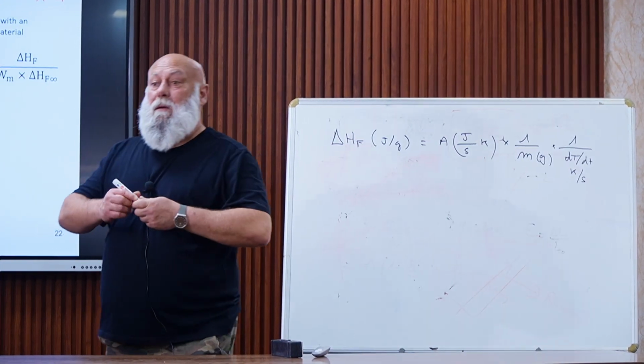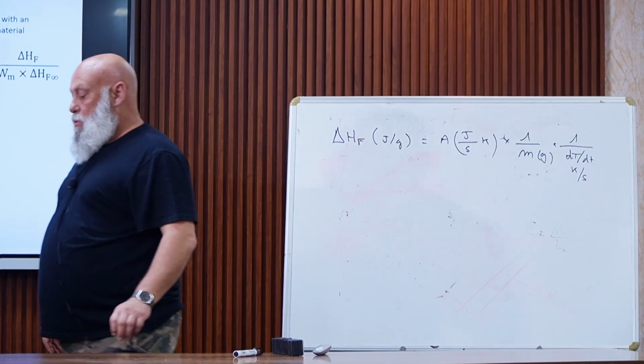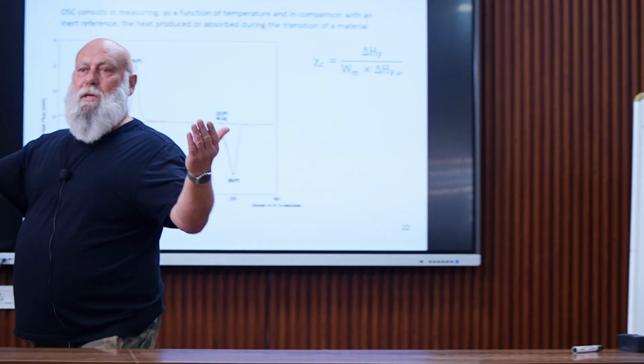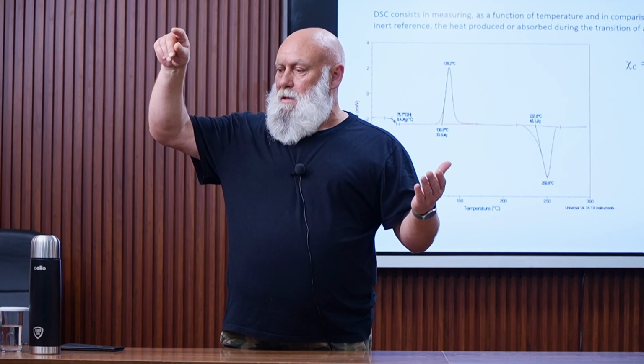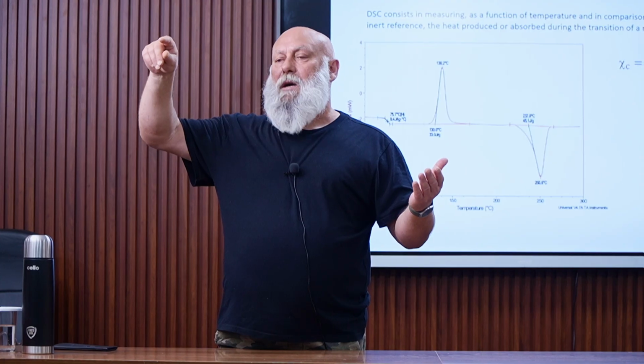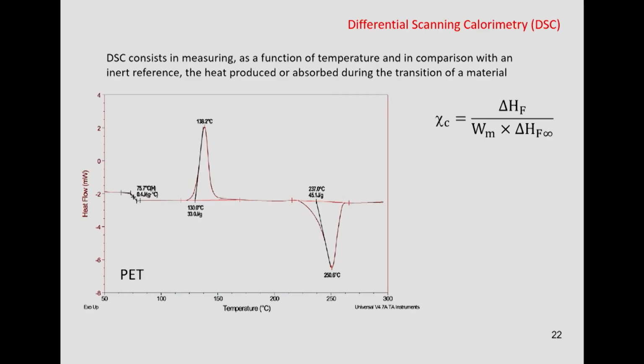Okay? But what I want to say with this is that if you compare two thermograms, and if you see that one peak is stronger than the other, you cannot say it is more crystalline. It depends on the heating rate and the mass of the sample.